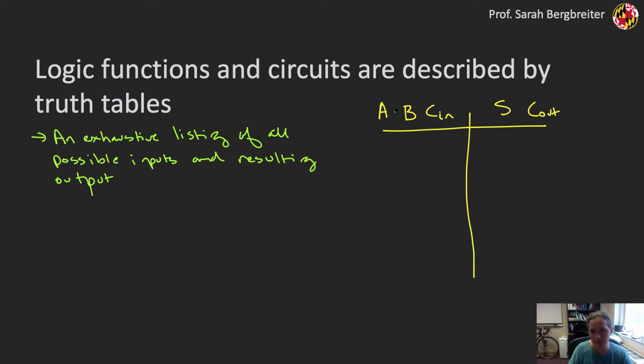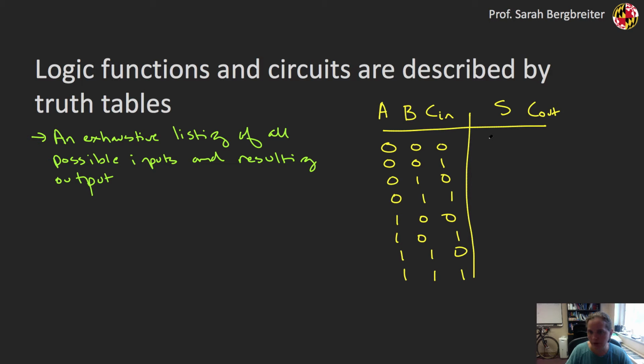Each of those has a possibility of being a 0 or 1. So two different possibilities. So 2 to the 3 will give me 8 combinations of these inputs. And so I'm going to write all of those out. 0, 0, 0, 0, 0, 1, 0, 1, 0, 0, 1, 1, 1, 0, 0, 1, 0, 1, 1, 1, 0, and 1, 1, 1.